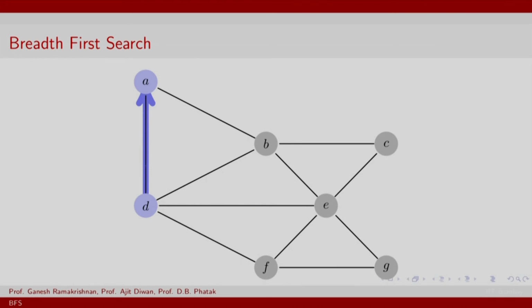So you discover its edge and visit node A, discover another edge, visit node B, node E, and then finally F. Now the next node that you get from the queue, basically you get it from S1.